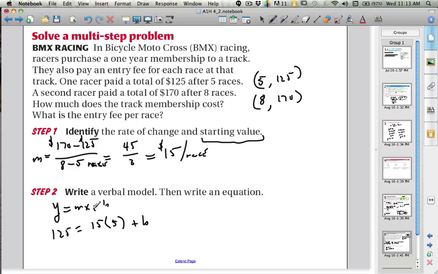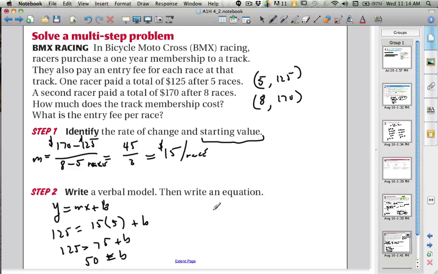Sorry, I erased some of that. So 125, 5 times 15 is 75. Right? And 125 minus 75 is $50. So $50 is equal to b.